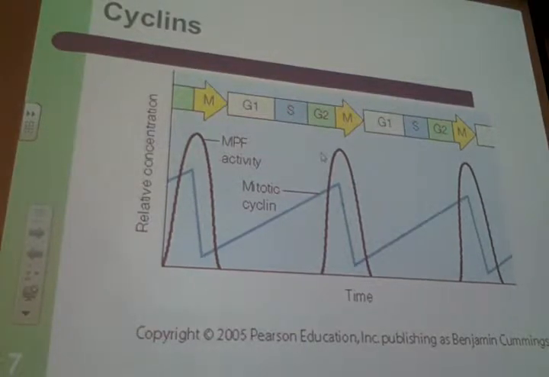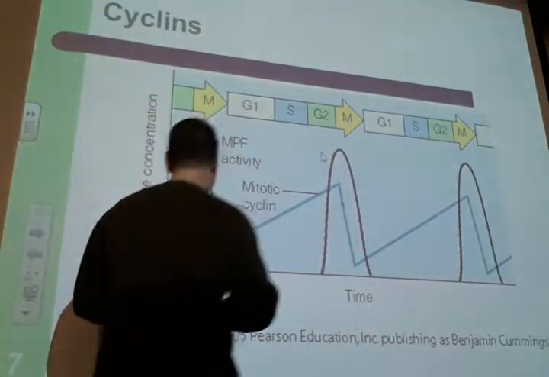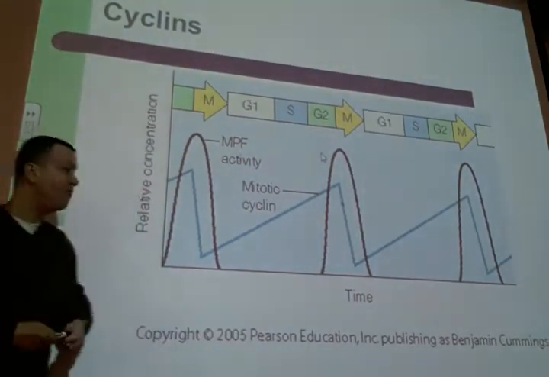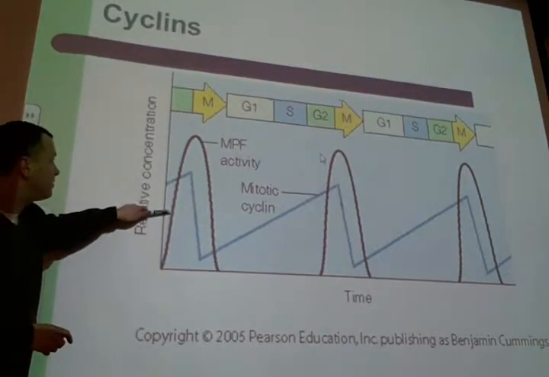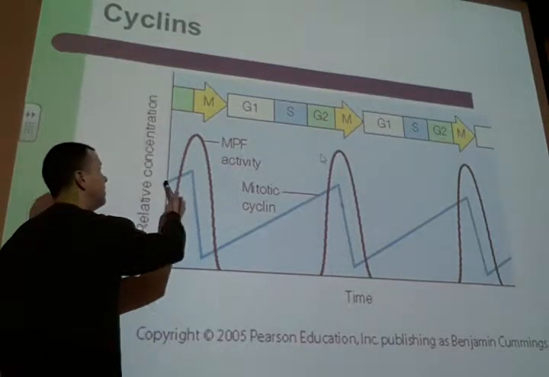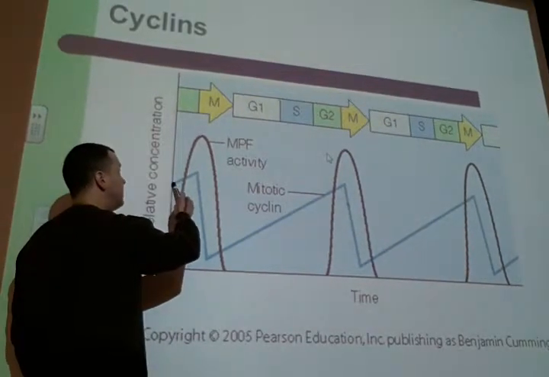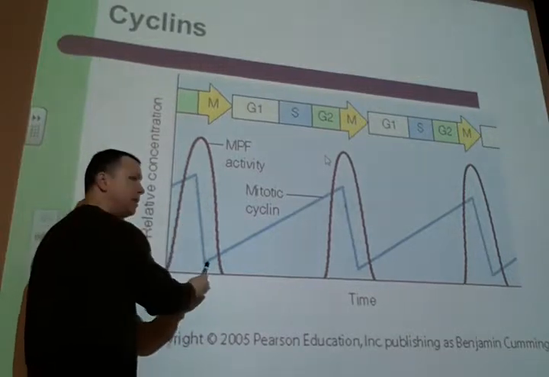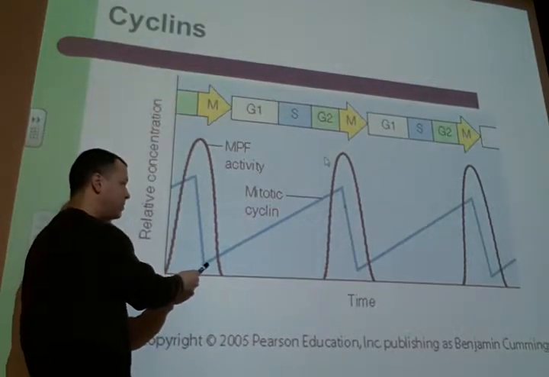So this one is looking at a cyclin that's particularly important for the transition into M phase. And if we follow the blue line here, this particular cyclin goes up, peaks at the M phase, and then goes back down to almost zero.